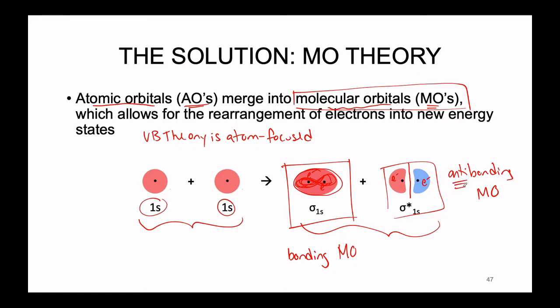They are not bonding. So for every combination, we are going to need a bonding and an anti-bonding. This is the equivalent of like the yin and the yang. We need some way for our molecular orbitals to describe the attraction between atomic centers, which is the bonding MO, as well as the repulsion between atomic centers, which is the anti-bonding MO.